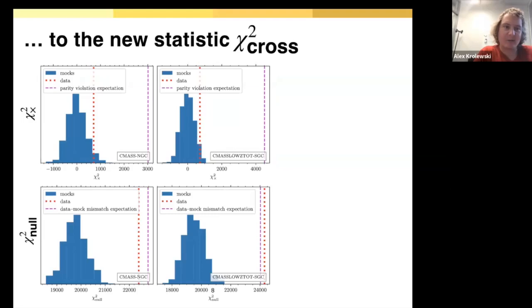However, when we go to chi-squared cross and chi-squared null, that detection significance goes away. And here you can see that the data now lies well within the distribution of mocks in chi-squared cross, and much less than the expectation if that chi-squared parity violation signal had held.